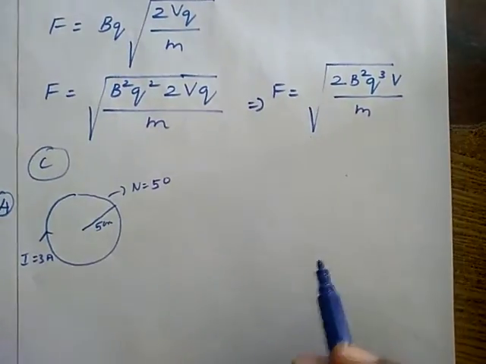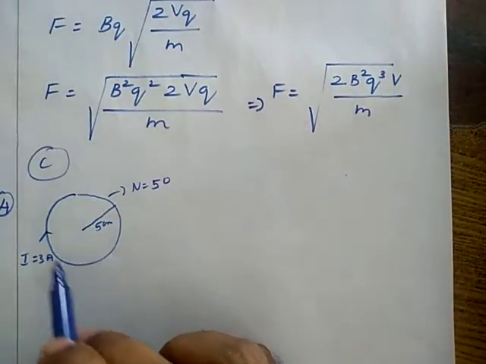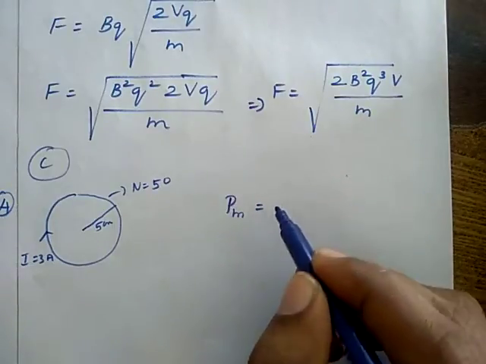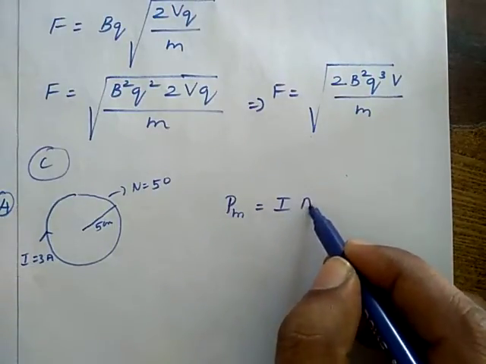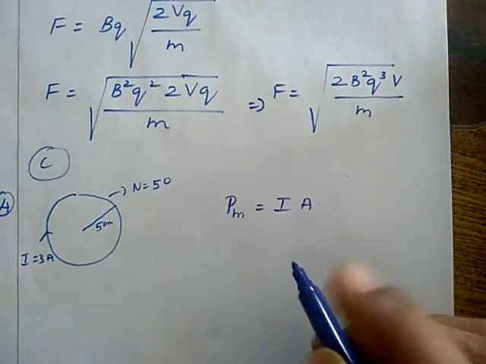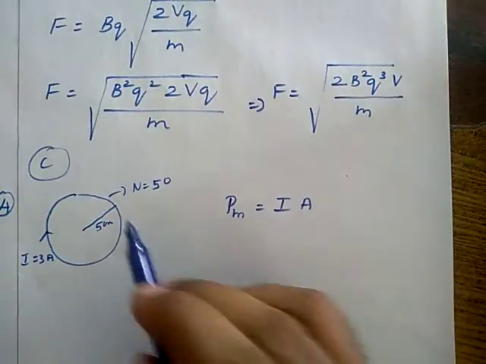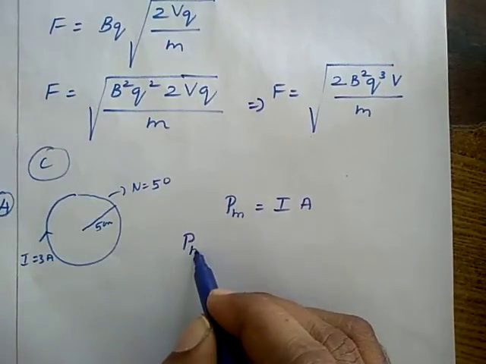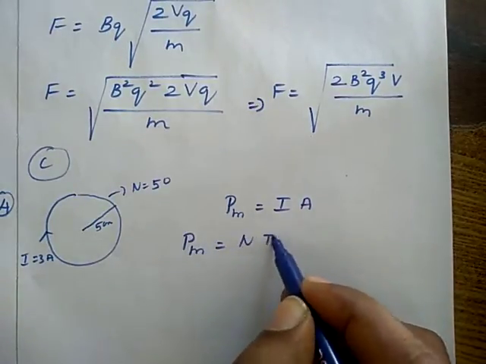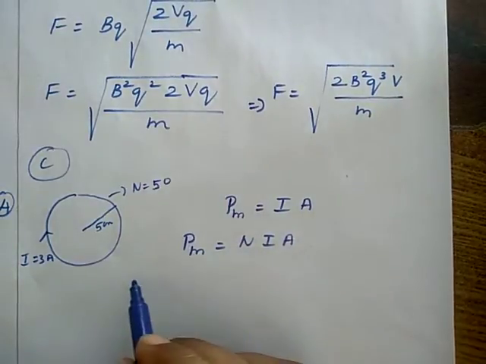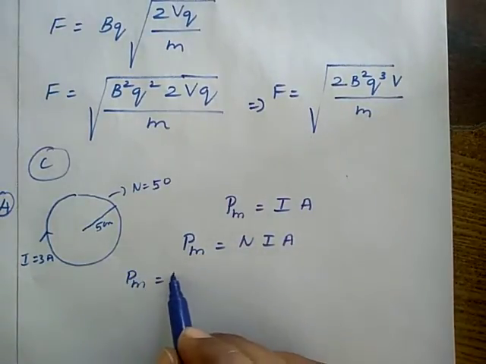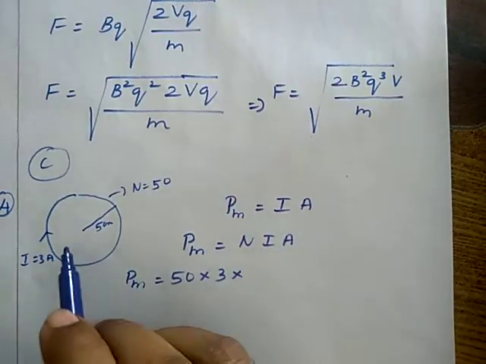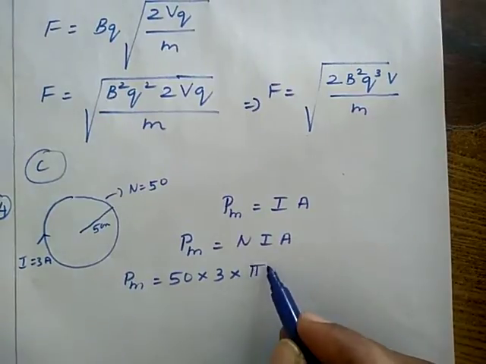We know the dipole moment of the current loop is Pm, that is equal to I into A. For that case we consider a single turn. Here a number of turns are there, so we can modify the relation: Pm is equal to NIA. Then Pm becomes number of turns 50, current is 3 ampere, then area, it is in the form of a circle, so pi r square.